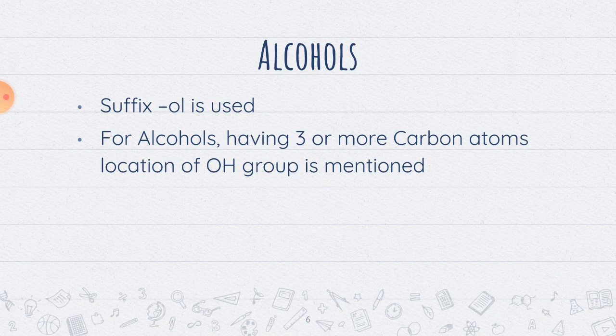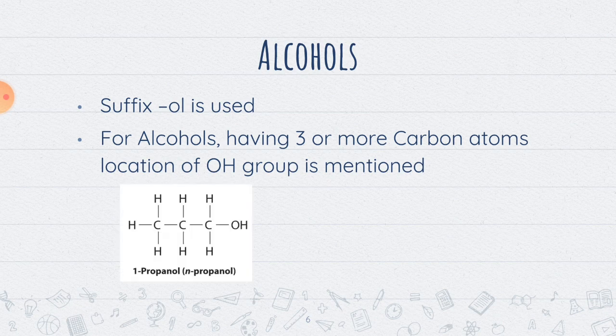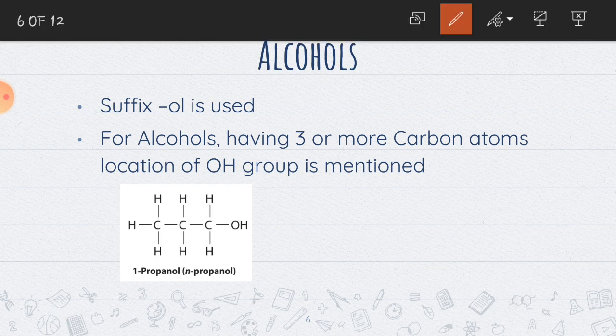For alcohols having 3 or more carbon atoms, the location of OH group is also mentioned in their names. For example, we have a substance that is propanol. Now, this OH is a substituent here, and in order to locate the position of OH group in this chain, we will number the carbon atoms like this.